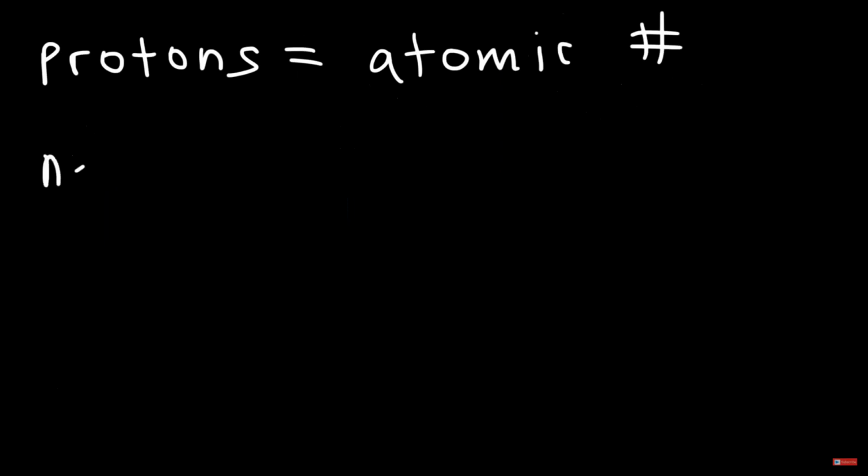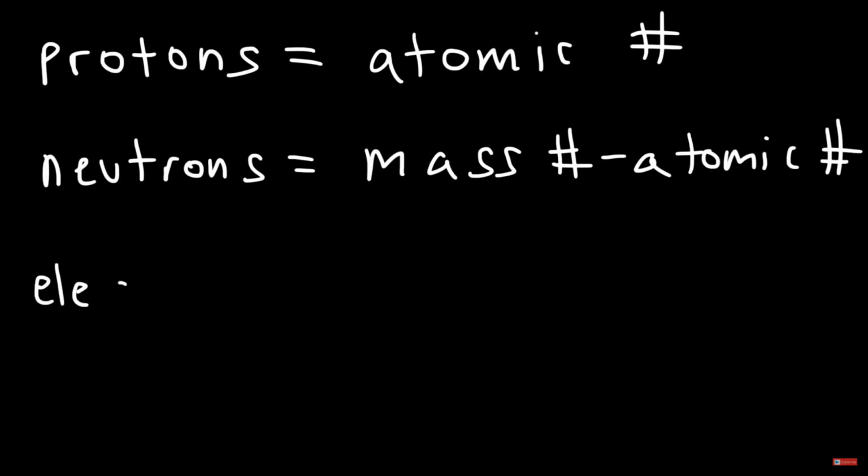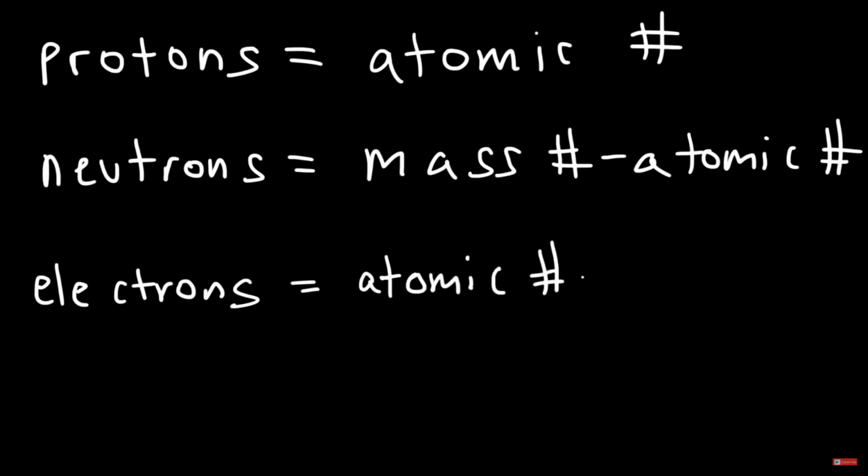Now the number of neutrons is the difference between the mass number and the atomic number. And then the number of electrons is equal to the atomic number minus the charge of the species.